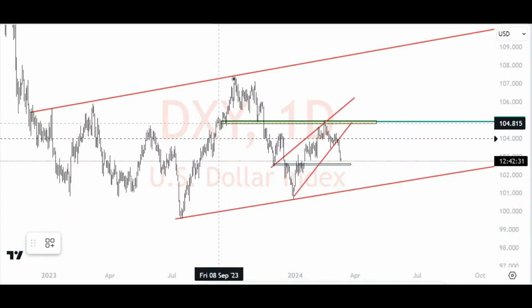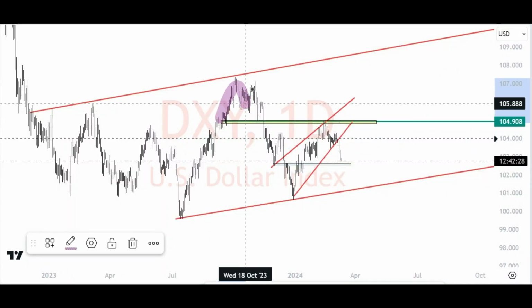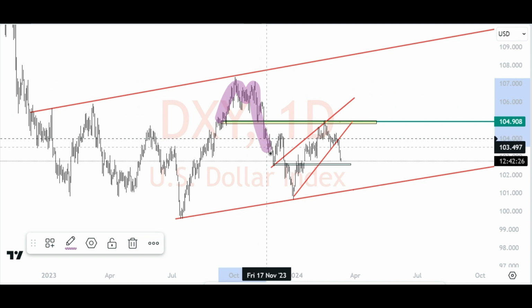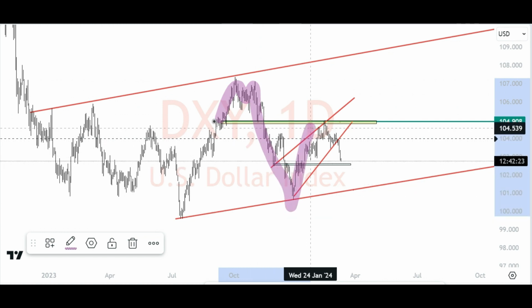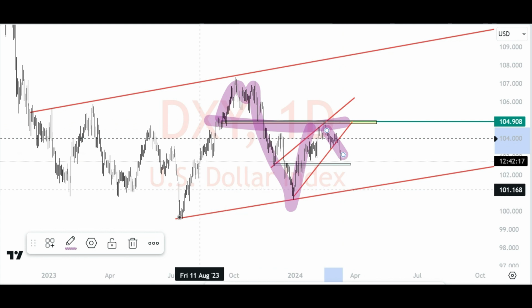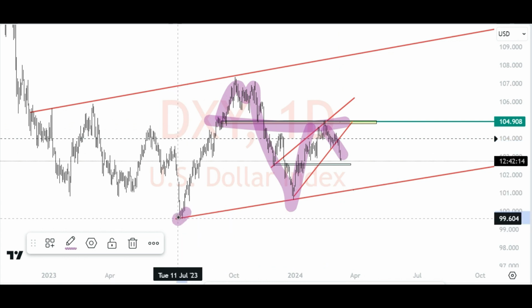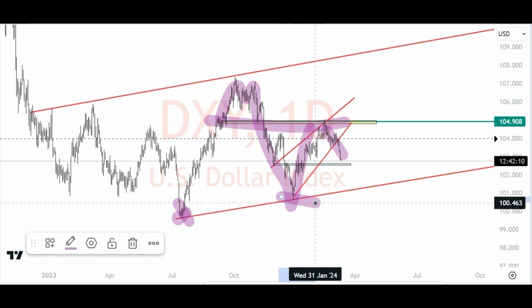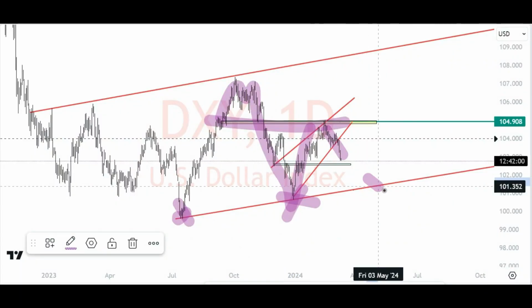Over here the market created a double top, broke the double top, came down, and came to retest the break of that double top, and then came down. Another thing that we can see is one, two, touch. What the market cannot do is leave this without creating a third touch.